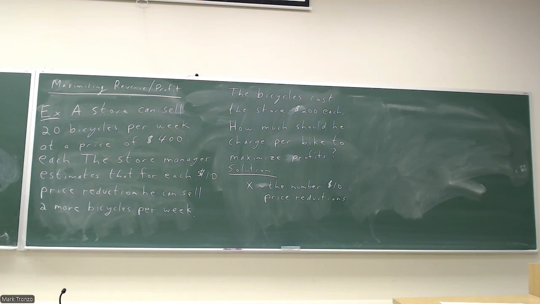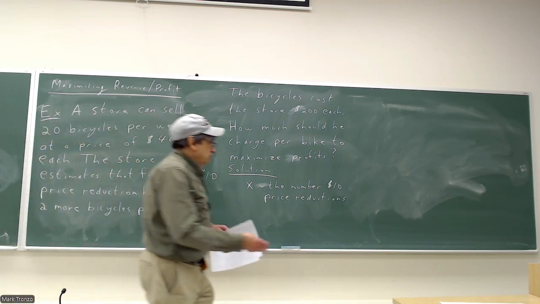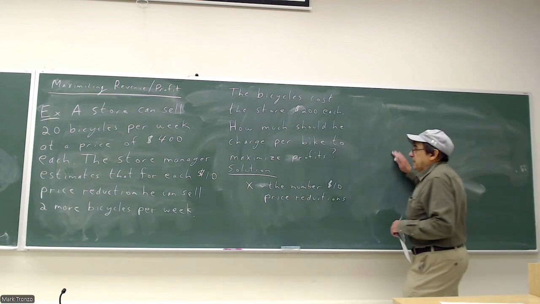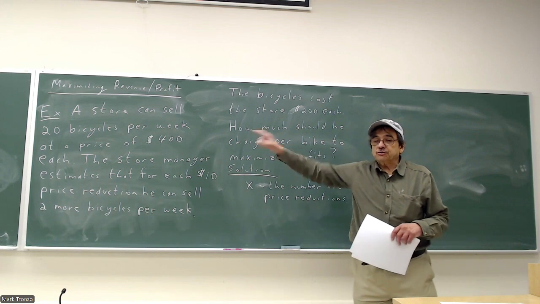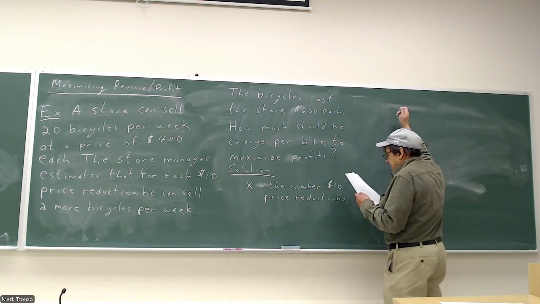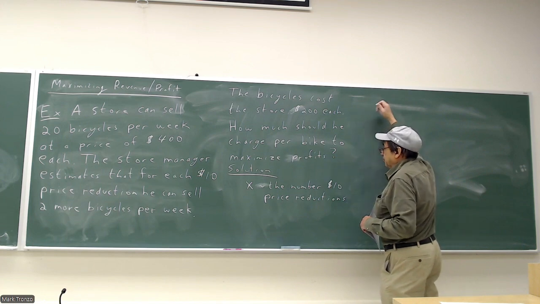And so first we're going to have to calculate the revenue. And for that, we're going to need the sales per week. So we're told he sells 20 bikes per week, but it's going to increase based on the number of price reductions.